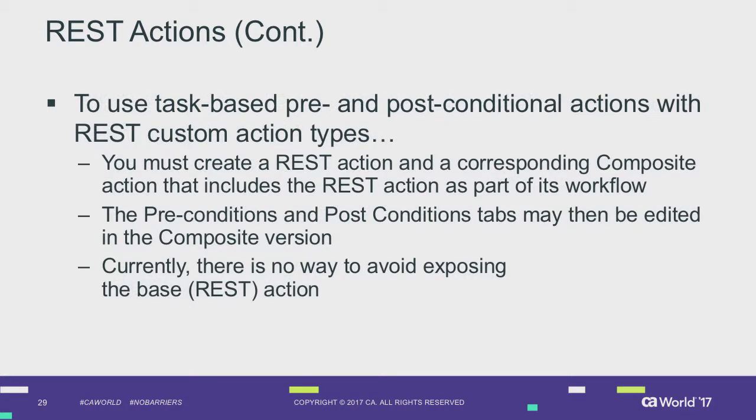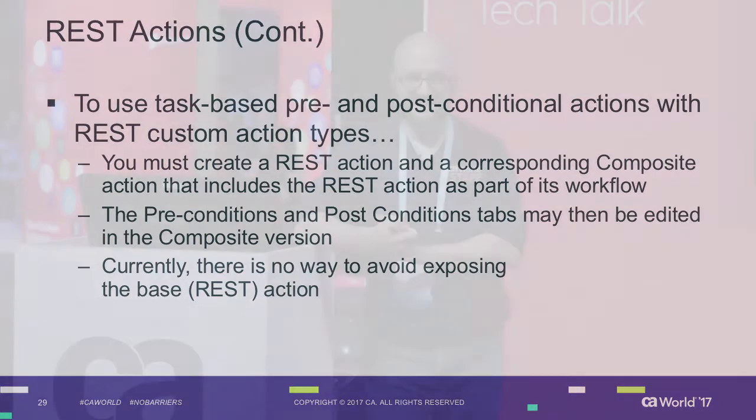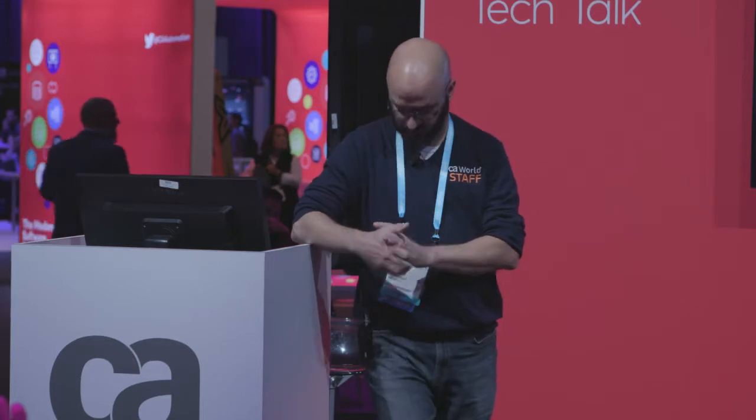Now, this is a bit of a gotcha as well. So a lot of customers take advantage of pre and post conditions. With REST actions, it becomes a little bit convoluted because of those additional panels when you're using the built-in user interface for creating REST. Can everybody still hear me? Yeah, okay, good.